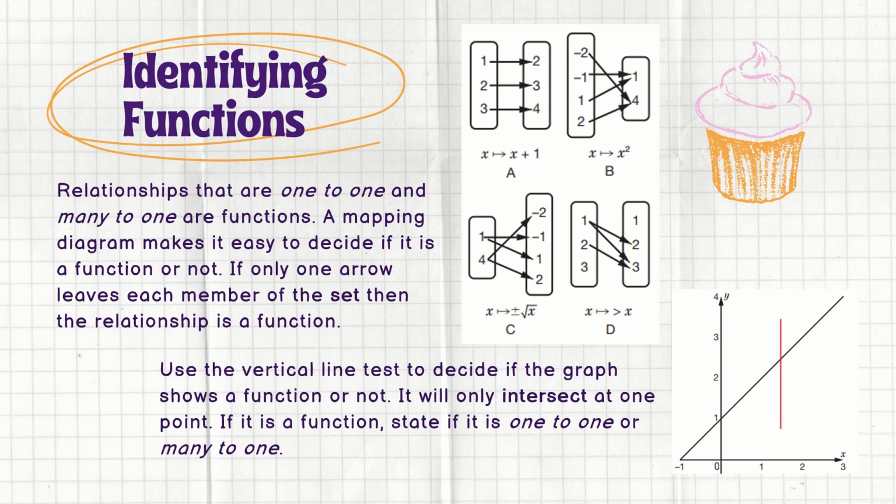Wherever the red vertical line is placed on the graph, it will only intersect at one point, showing, for example, that 1.5 maps to 2.5. So this is a function. It is an example of a one-to-one function.